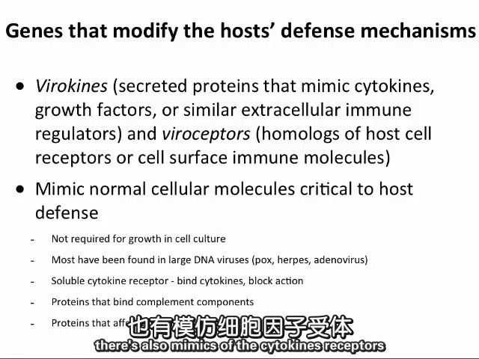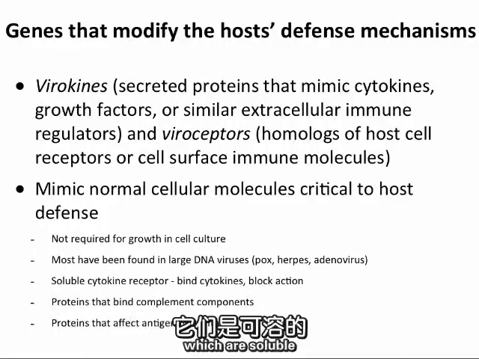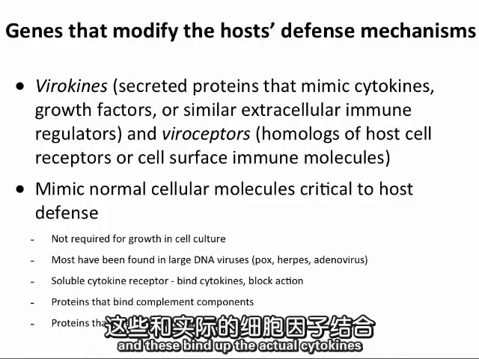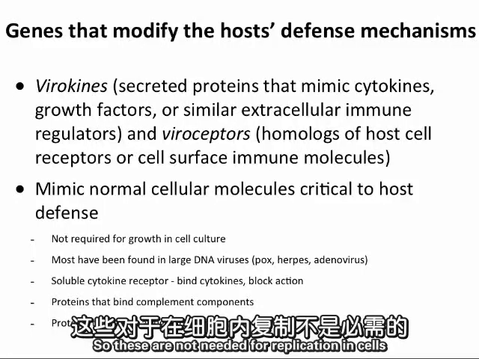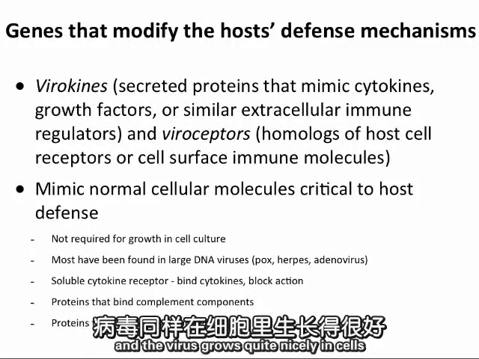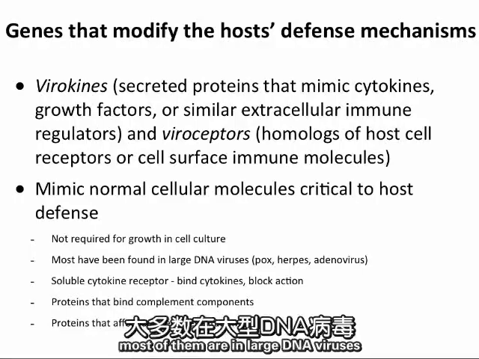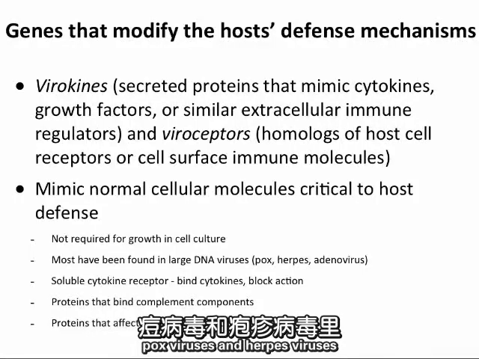There are also mimics of the cytokine receptors, which are soluble, and these bind up the actual cytokines and block their function as well. So these are not needed for replication in cells. You can take them out of the virus, and the virus grows quite nicely in cells. Most of them are in large DNA viruses, pox viruses, and herpes viruses.